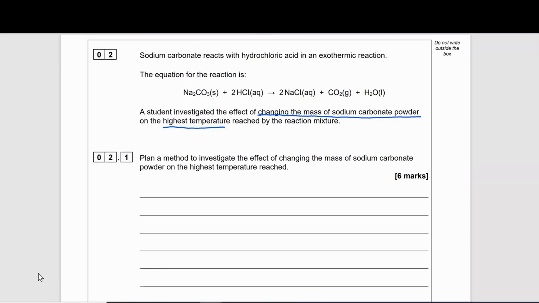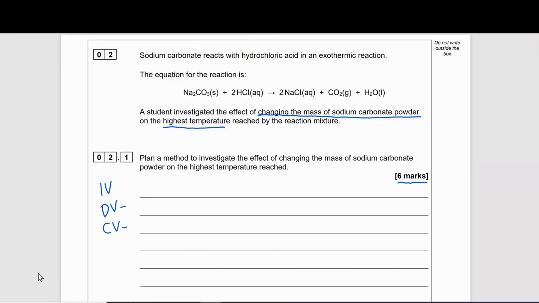Plan a method to investigate the effect of changing the mass of sodium carbonate powder on the highest temperature reached. Okay, 6 marks now. So this is to do with our required practical to do with temperature change. So we've got to, again, when thinking about a method, recall the variables. So independent, dependent, and control variable.